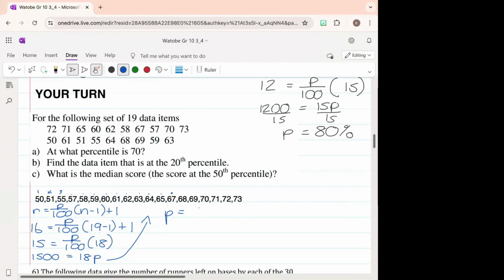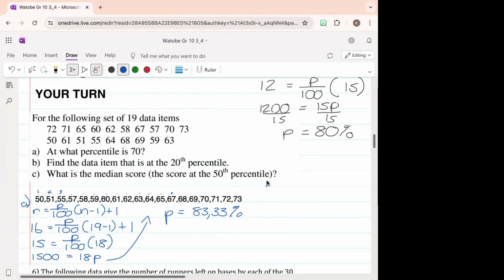Amazing, I also get that, 83,33%. Good, nice. I was just testing you. Well done. All right, so that was A.